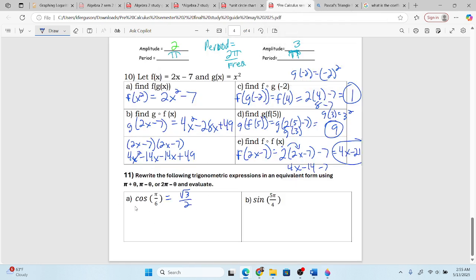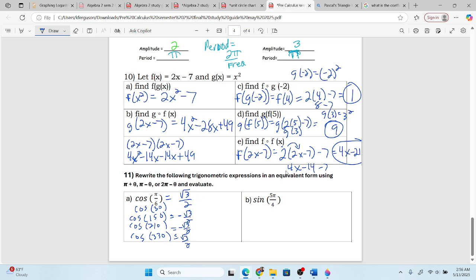I guess you could also say it like this: if I said cosine 30 equals that, then what's cosine of 150? That's negative square root of 3 over 2. What about cosine of 210? That's negative square root of 3 over 2. So then the last one has to be 330. And that's positive square root of 3 over 2.